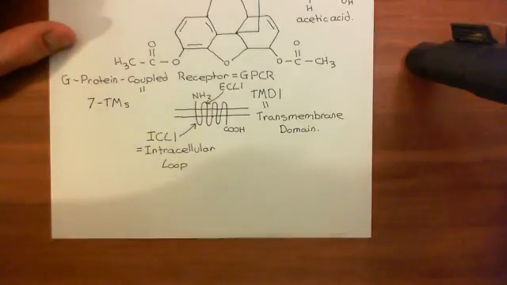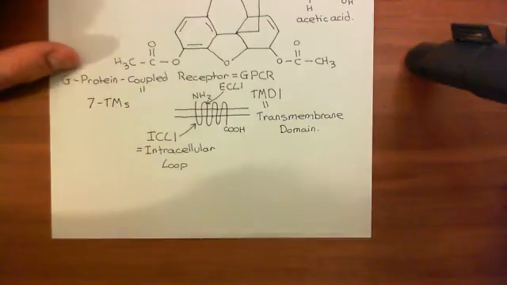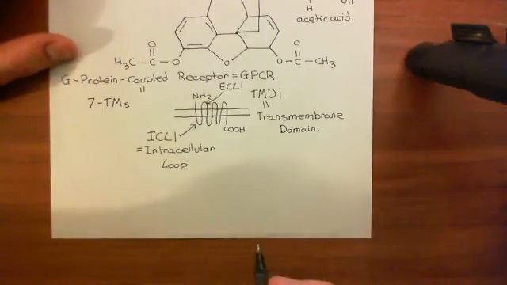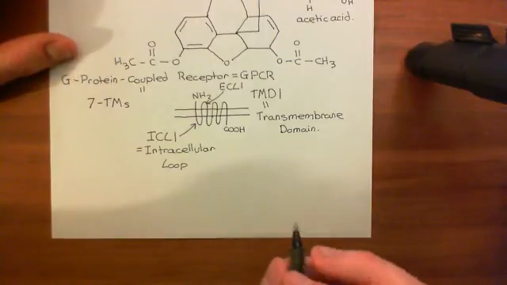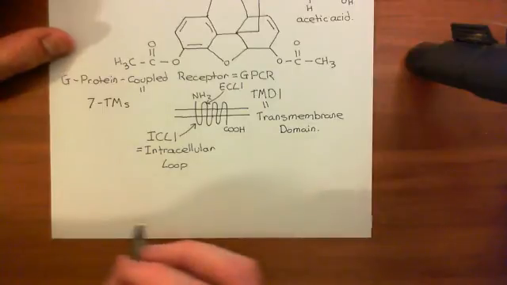Now, there are over 800 members of this family, so how do we begin to understand that? Well, we have to classify them into families. There are 5 different families of G protein coupled receptors, and I want to discuss these with you now.